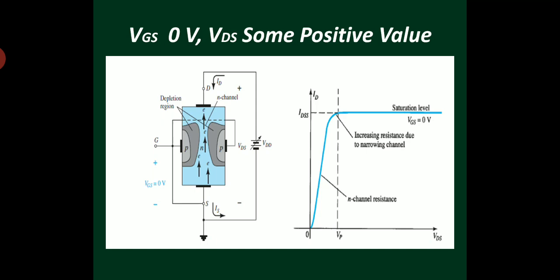The current at the drain is ID and the current at the source terminal is called IS, right? And IG is nearly equal to 0. Why? Because the input impedance is very, very high, and as there is no voltage at the gate terminal, current is always 0 at the gate terminal. So ID is nearly equal to IS.